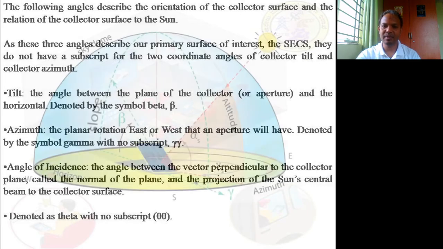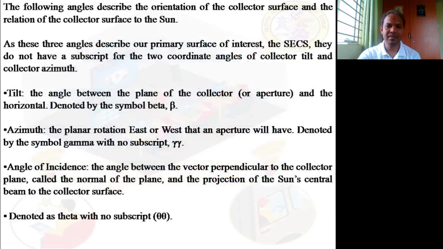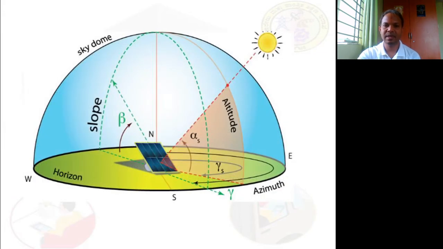Now you can see it here. This is the angle of incidence. The solar radiation falling onto the normal surface is what we call the angle of incidence, denoted as theta with no subscripts.